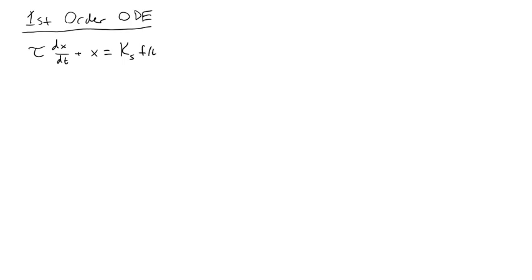So for a first order ODE, if we have a differential equation of the form tau dx/dt plus x equals constant ks times f of t, I didn't write it, but x is also a function of time here.